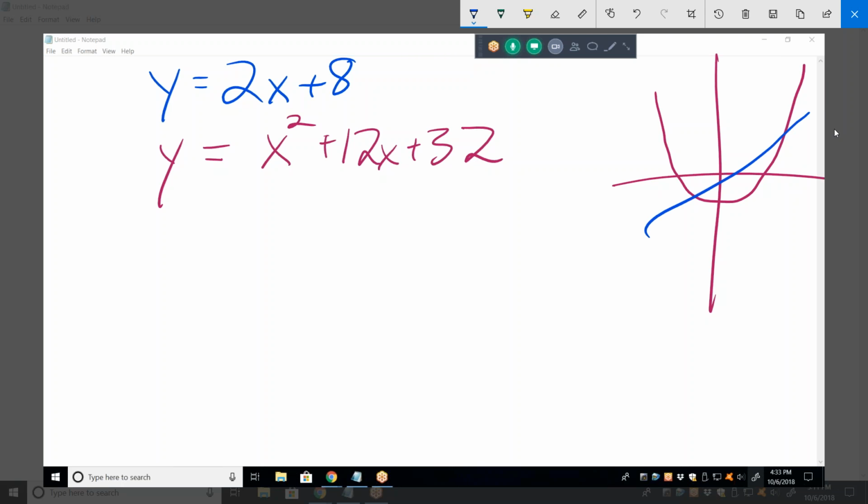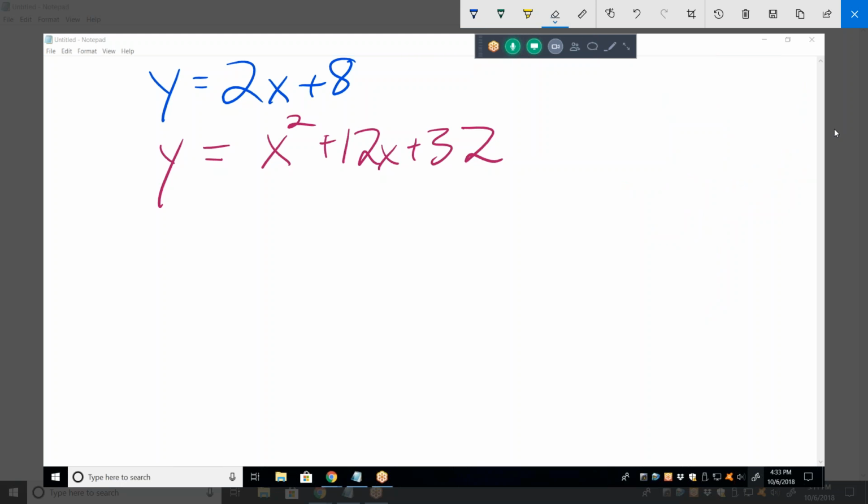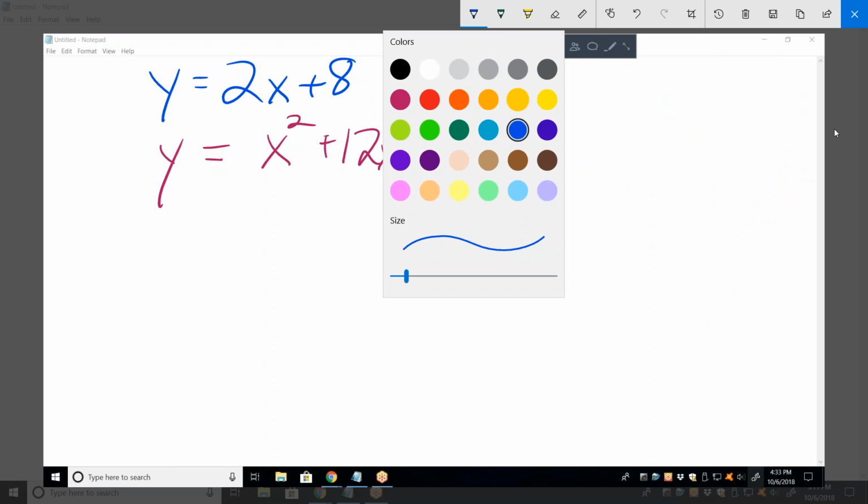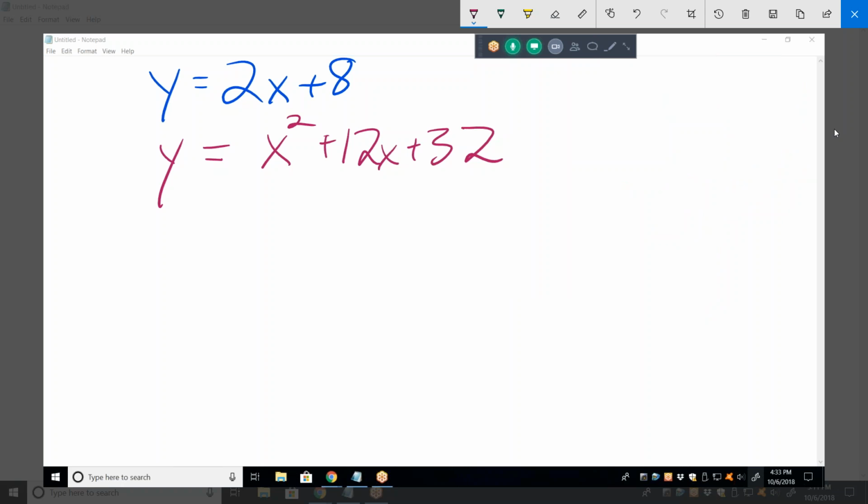In other words, I'm going to have two solutions unless this blue line is precisely tangent, in which case I would only have one solution. But again, I don't really need to know any of this. I just have to look at this as an algebra problem that I can solve. Well, if y equals this and y equals that, then what equals what?